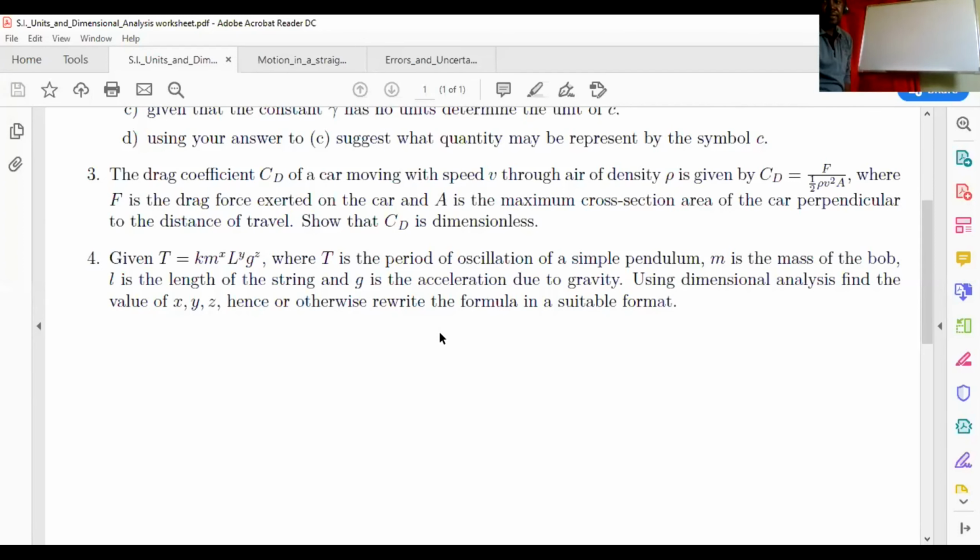So that means everything on your right side should cancel out, so we get no units there. Right? So we have CD is equal to force over, we're going to ignore the half there because it's not going to affect the answer, rho v squared A.